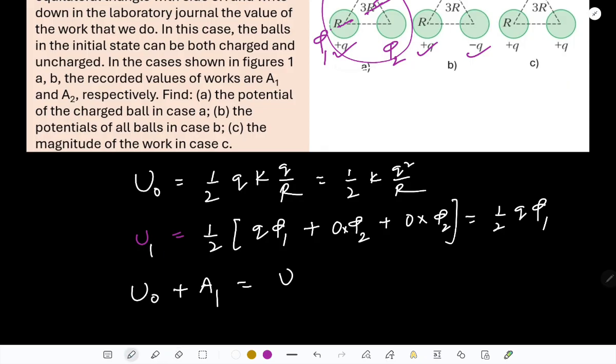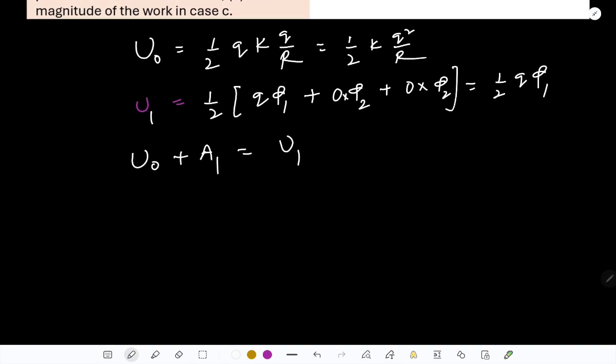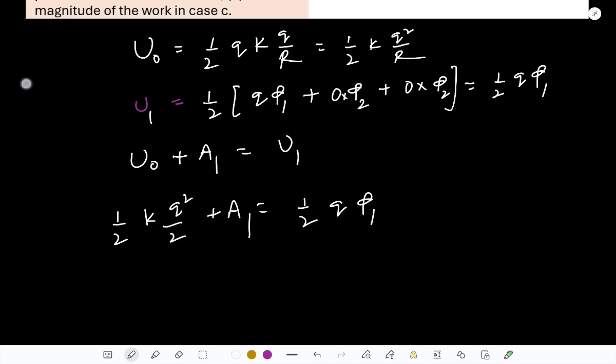So U0, which is half kq square by r, plus A1 equals half q phi1, the energy after they have been brought together.